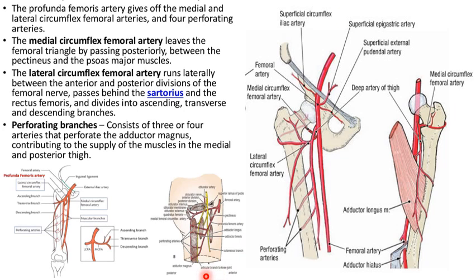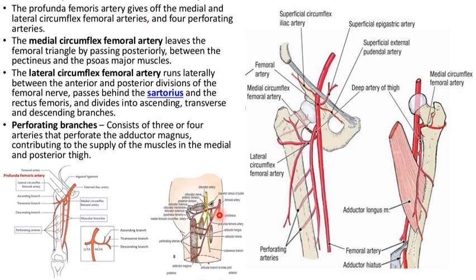So as I said, this is the diagram. This is the femoral artery. Okay, this is the profunda femoris artery. This is the pectineus muscle. This is adductor longus, this is adductor brevis, and this is adductor magnus.